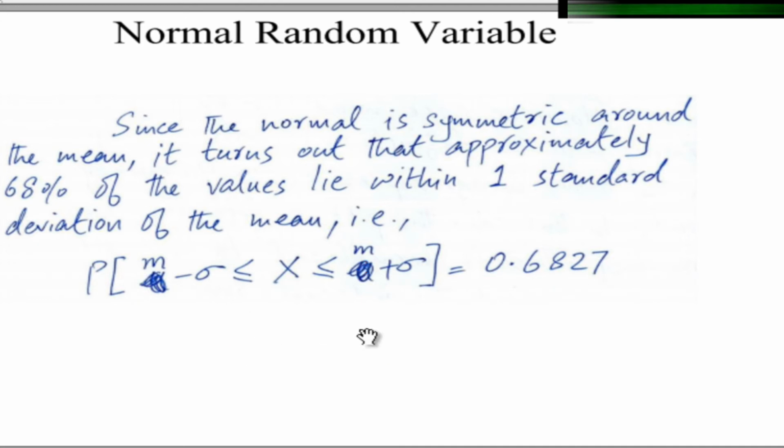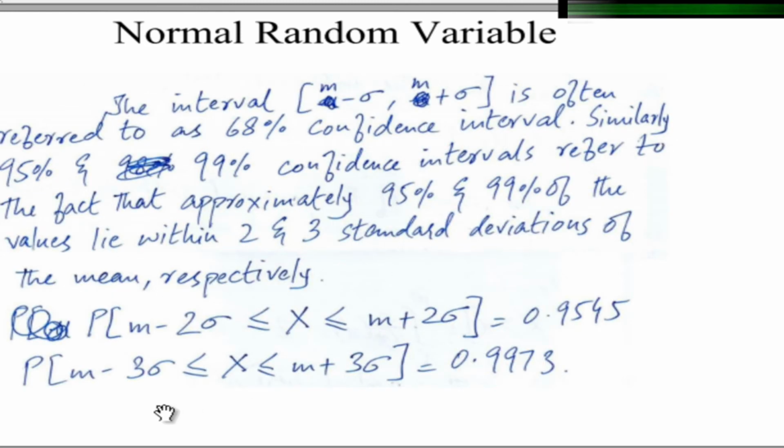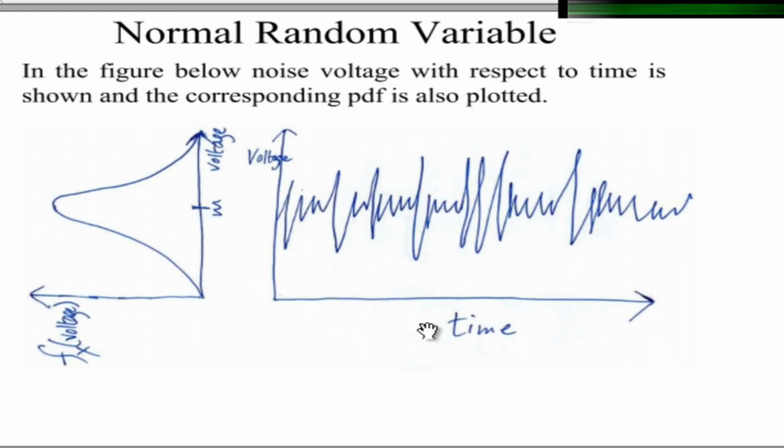Similarly, in the interval m minus 2 sigma and m plus 2 sigma, you will have 95% of the total population, and in the interval m minus 3 sigma and m plus 3 sigma, you will have 99.7% of the total population, which is almost 100%, and almost all the points will be here. So these slides are very important.